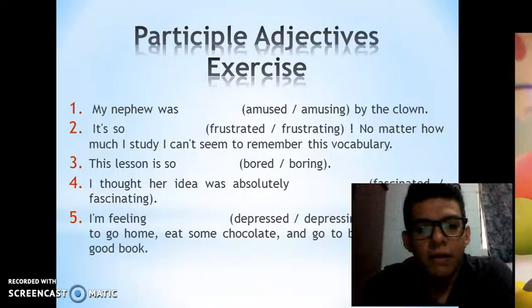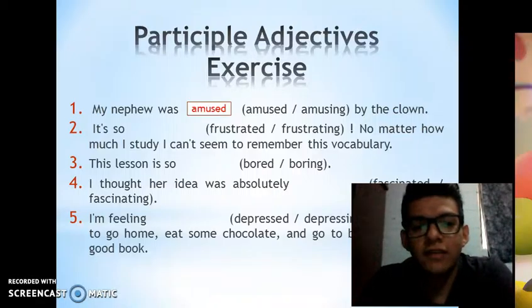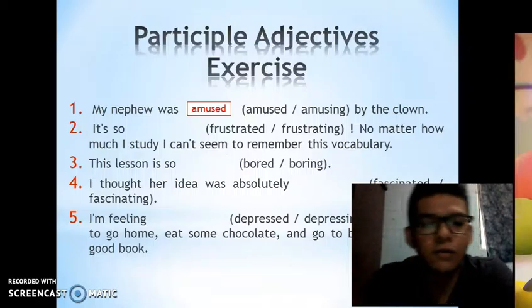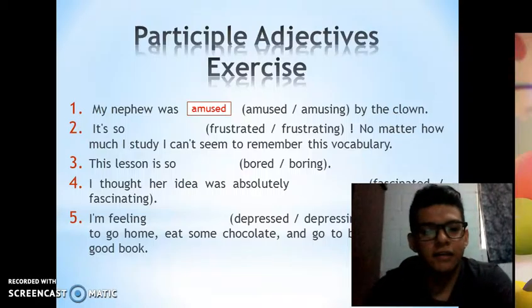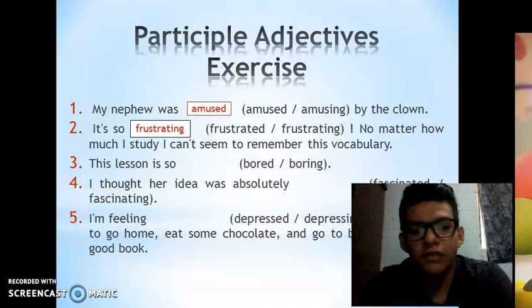Let's go. My nephew was... what is the correct answer? Amused. My nephew was amused by the clown. In the second sentence, it's so frustrating. No matter how much I study, I can't seem to remember this vocabulary.